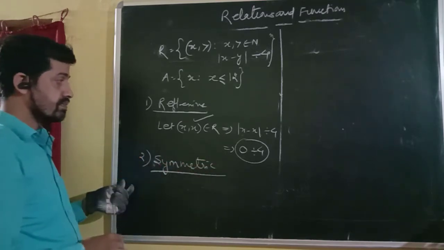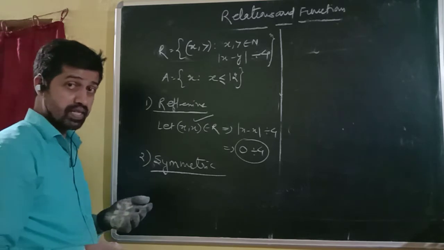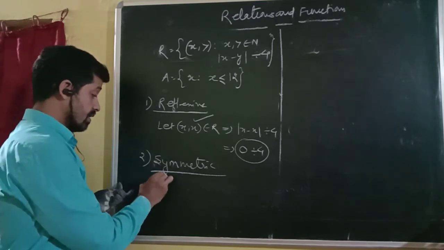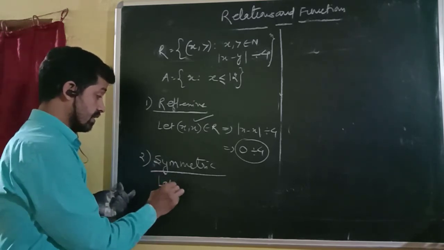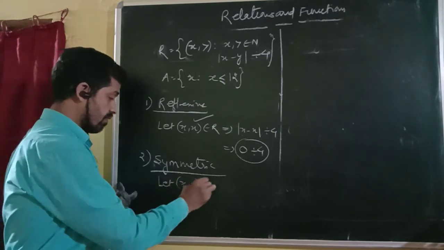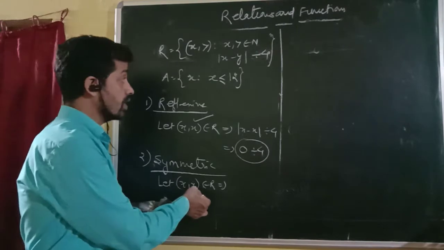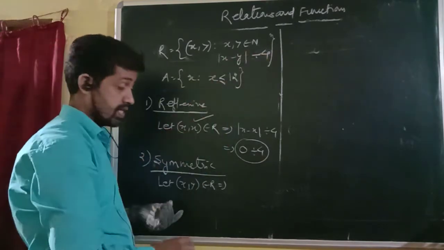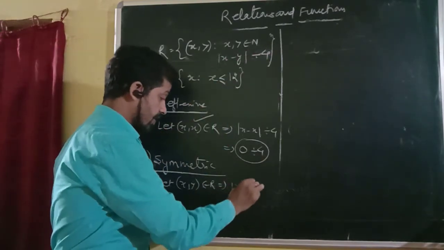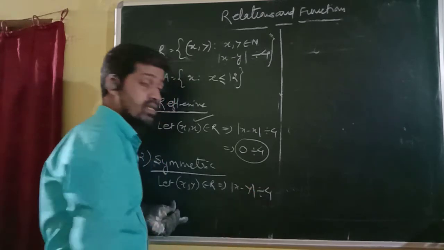Symmetric relation. For symmetric relation, as we discussed previously, let us say that x comma y belongs to R. Now if x comma y belongs to R, then this condition will be satisfied. That means modulus of x minus y is divisible by 4.